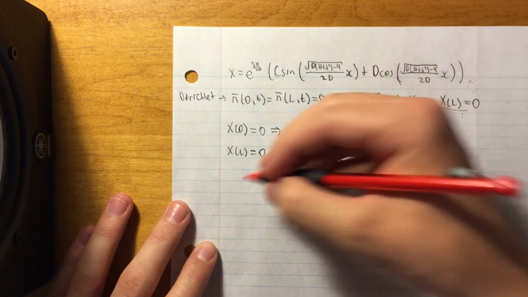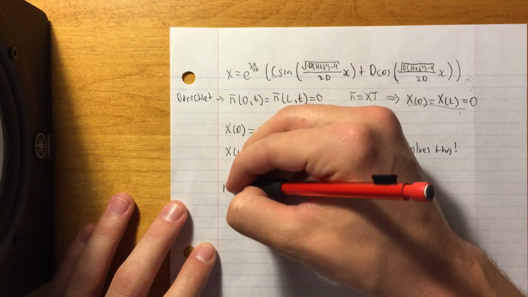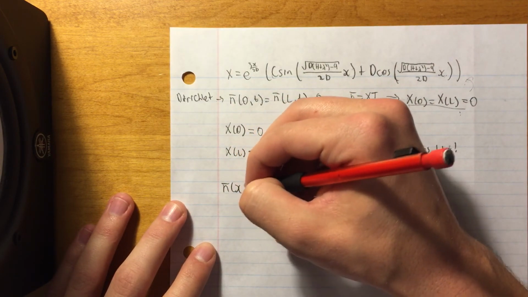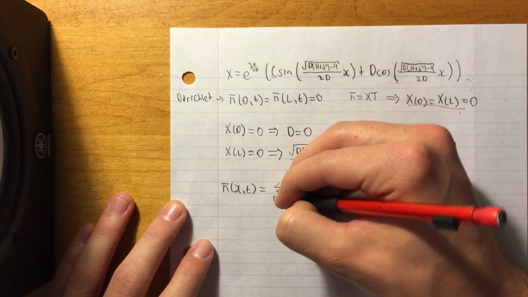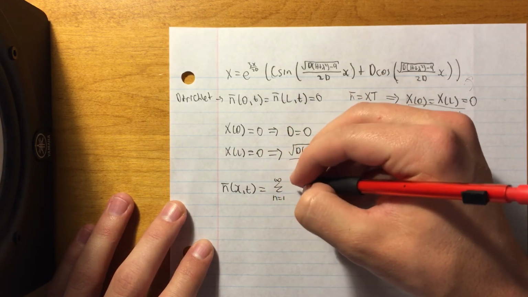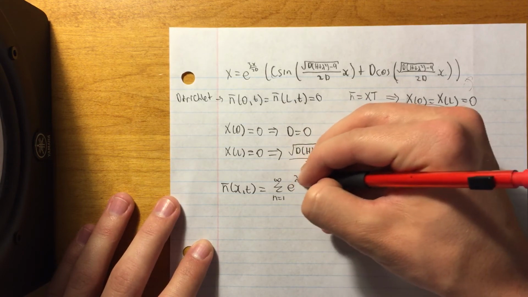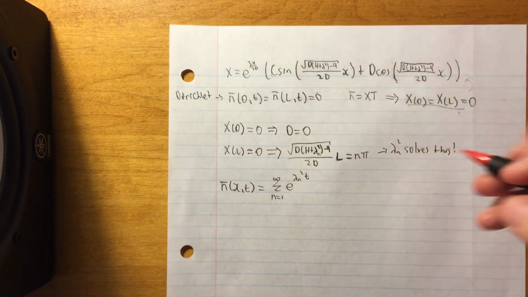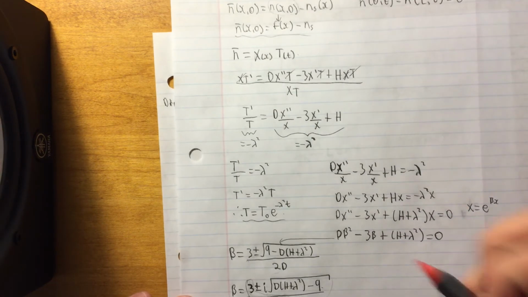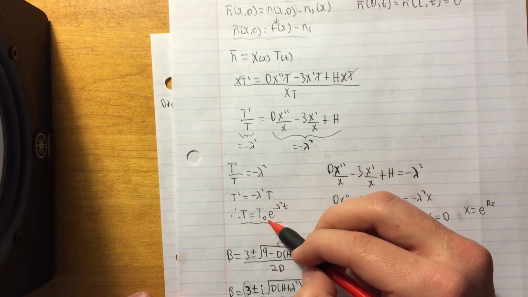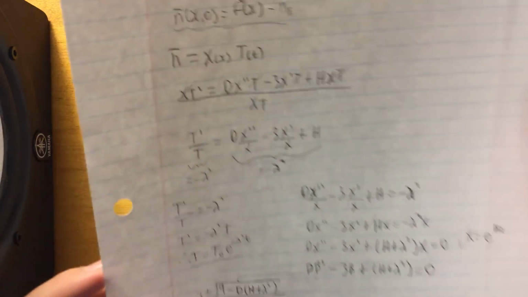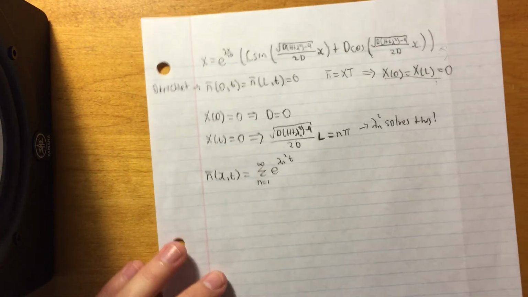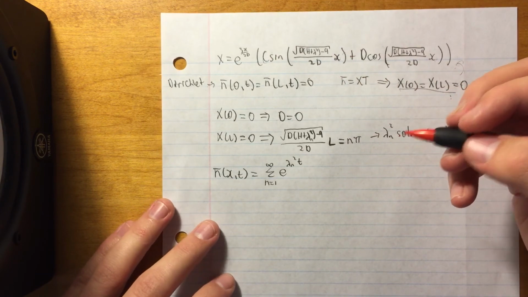Okay, so now we finally get that n bar x of t is equal to the sum, n going from 1 to infinity, of e to the lambda n squared t. So remember, this comes from this solution here, and we're going to combine this t naught with this c coefficient.